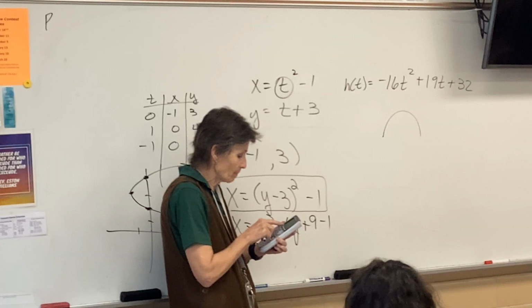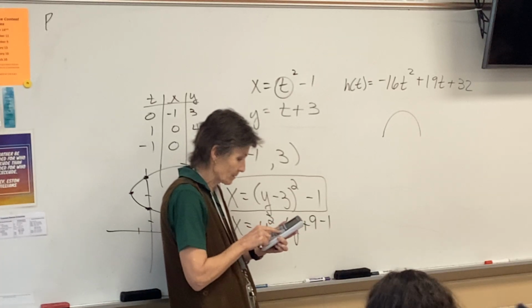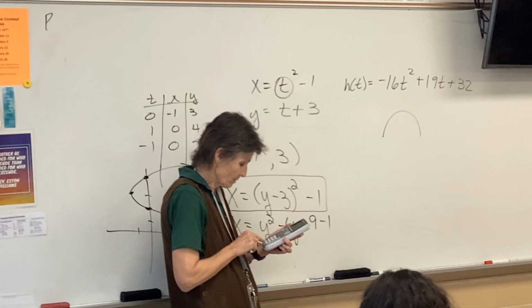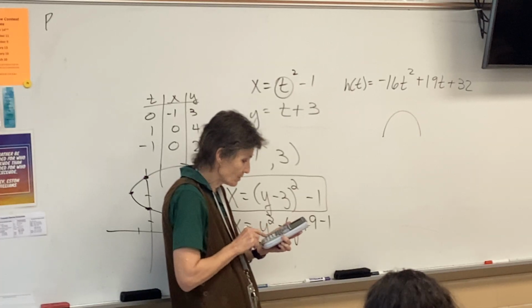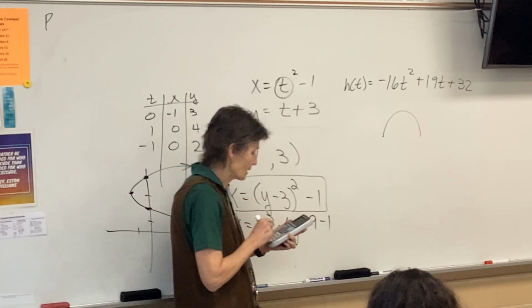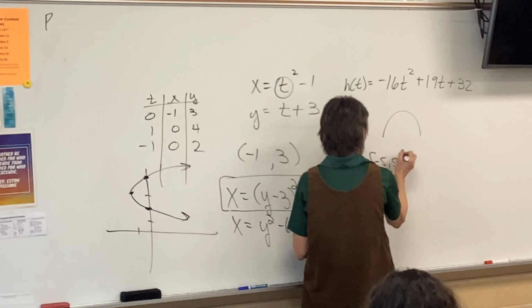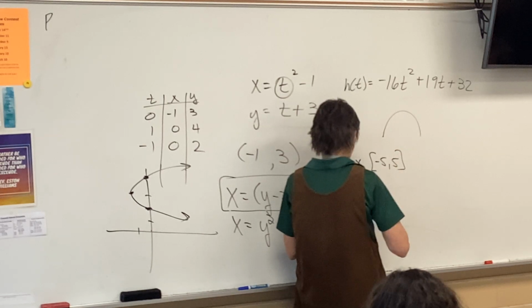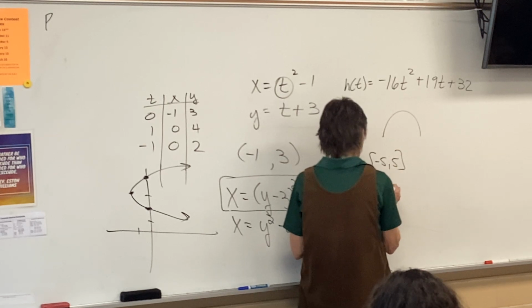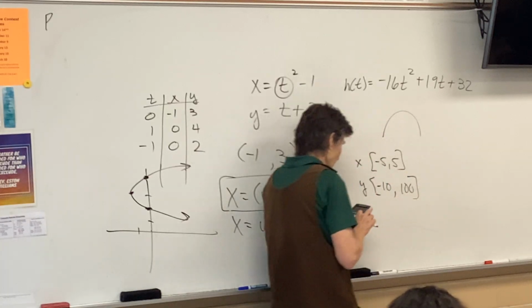I'm going to have to make a couple of adjustments to get a better picture. And remember, you're allowed to do that. So I'm using negative 5 to 5 for x and negative 10 to 100, and I got a great picture.